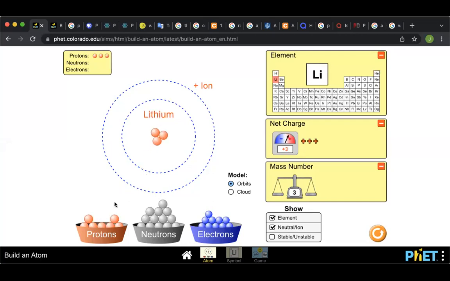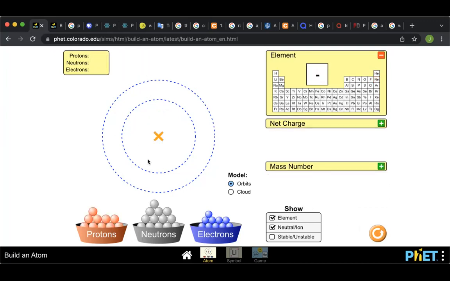Another one, lithium. Another one, beryllium. Another one, boron. Another one, carbon, nitrogen, oxygen, fluorine, neon.